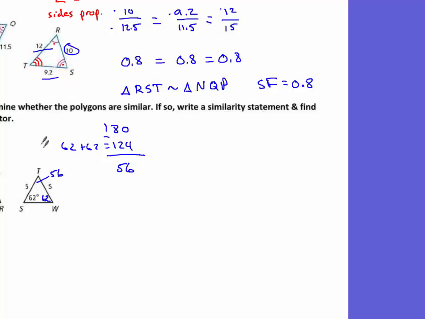Well, our first rule was that the angles had to be congruent, and then if they are, the sides have to be proportional. However, 56 and 36 are not congruent, so these two polygons are not similar.